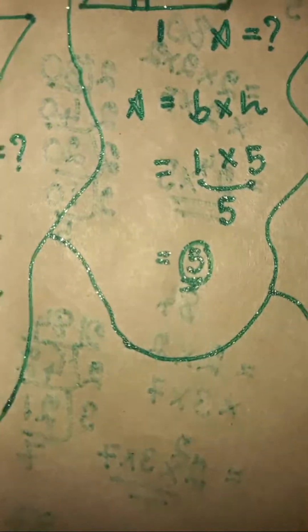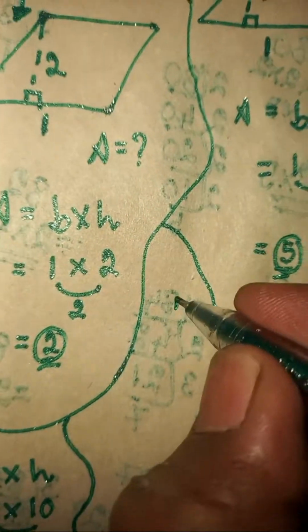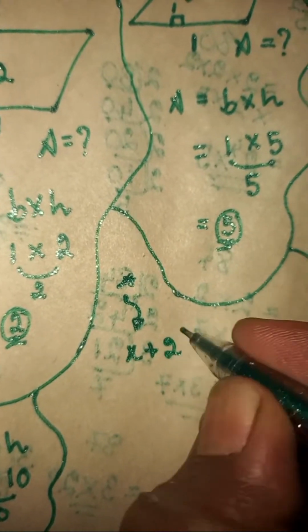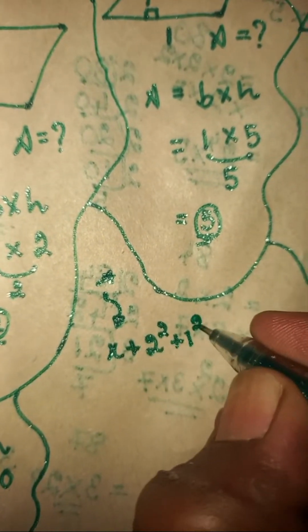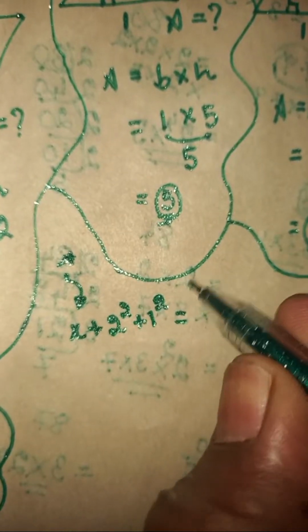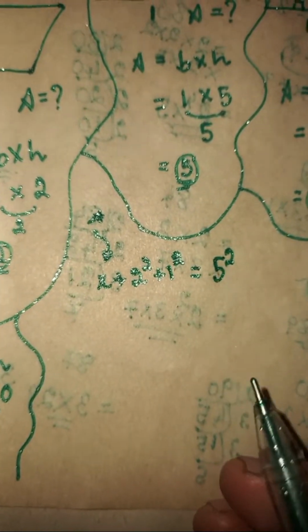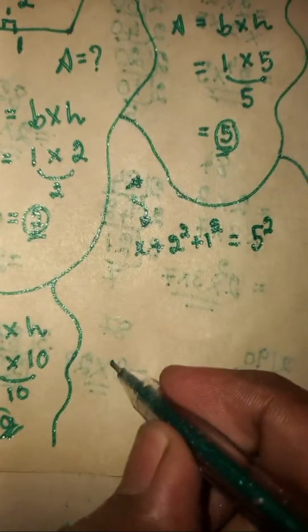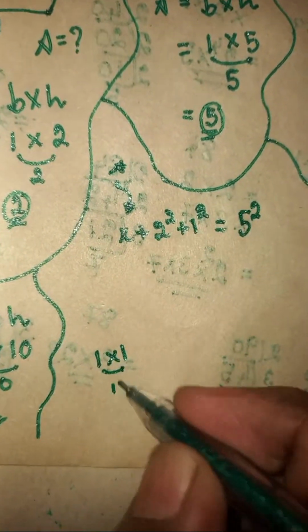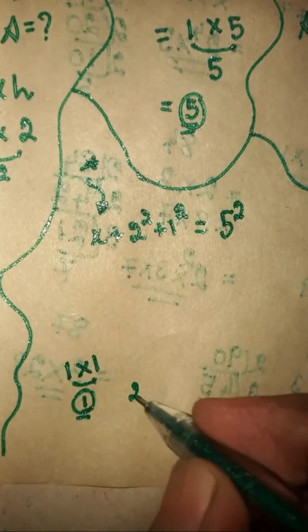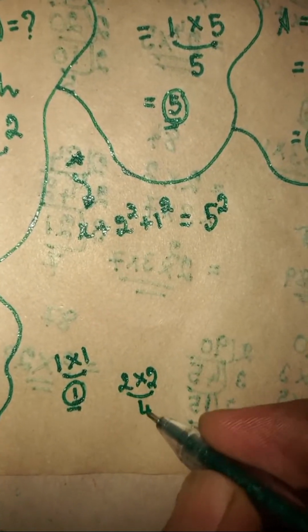Let's take this one, another problem. In this problem you're going to get like this, that is here you're going to get x plus 2 square plus 1 square, which is equal to 5 square. Now also you can find out the value of x. Let's split and write that. 1 square means 1 times of 1, which is 1, and 2 square means 2 times of 2, which is 4.